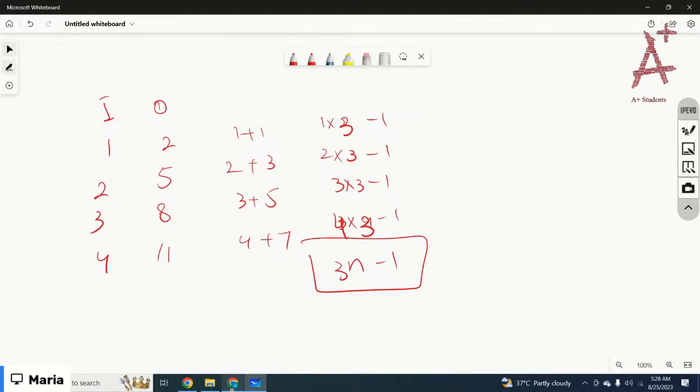You have to check for the 10th value, right? And input is 10. 3 times 10 minus 1. 30 minus 1, 29.